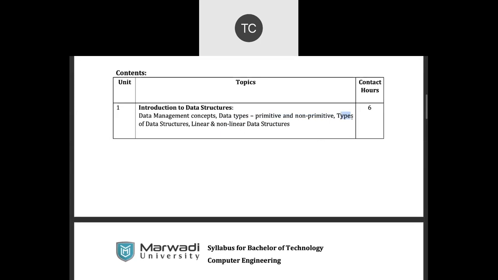Then we will move towards the core of this subject, which is the data structure. After that, we'll see the types of data structures, linear and non-linear data structure. In unit 1, we are going to understand what is linear and what is non-linear data structure.